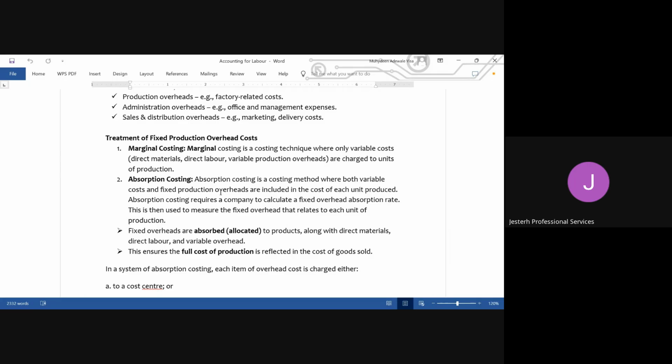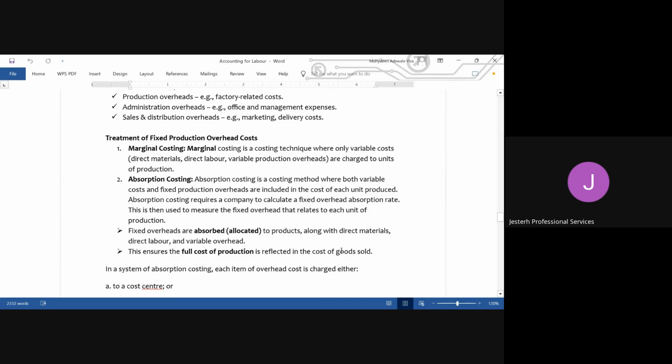Now, whenever we are using an absorption costing approach, we need to recognize all those costs whenever we are determining our price or our costs. I hope we are on the same page with this explanation.